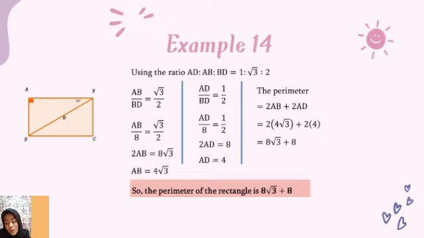We get the perimeter is 8 square root of 3 plus 8. So the perimeter of the rectangle is 8 square root of 3 plus 8.